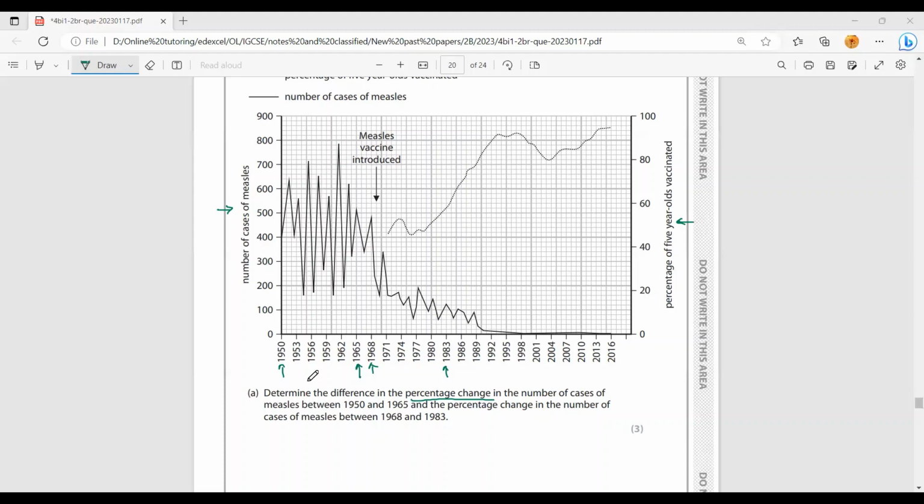Give me the answer, please. You said 1 second. You took a very long time. What are you going to do, Lily? Miss, I'm not sure which numbers to take. But you have to know which numbers. So 1950, what's the number of cases here?